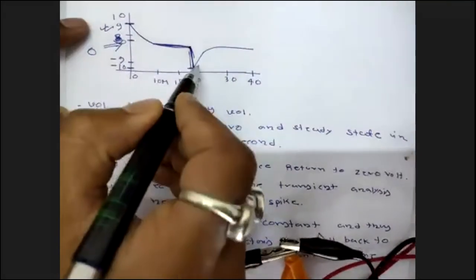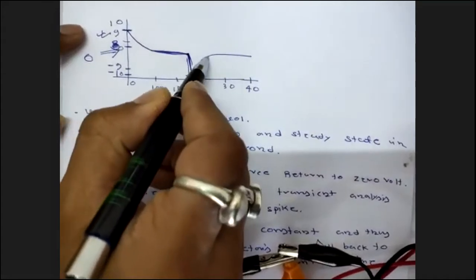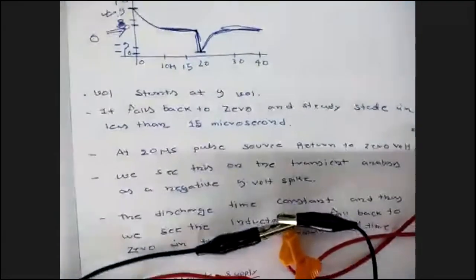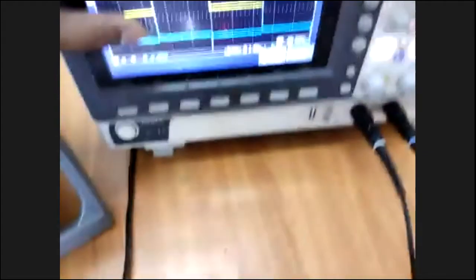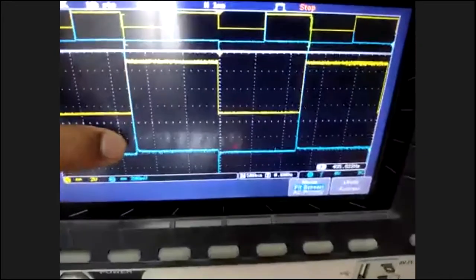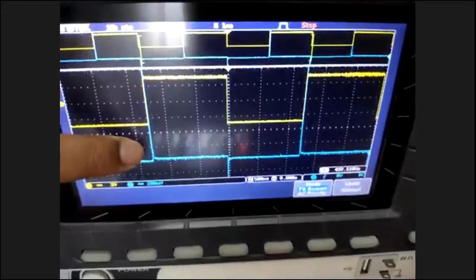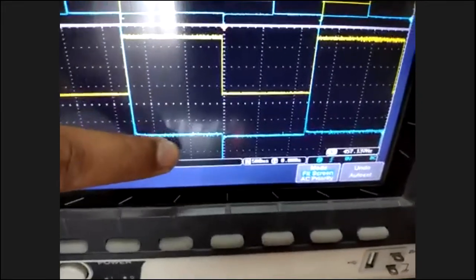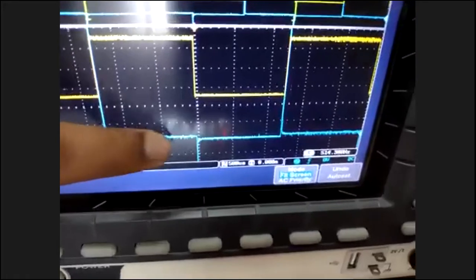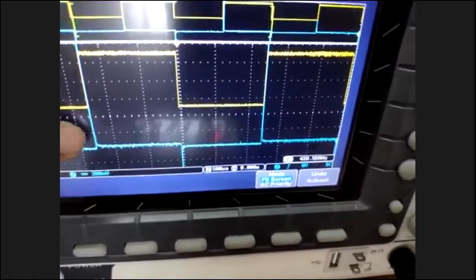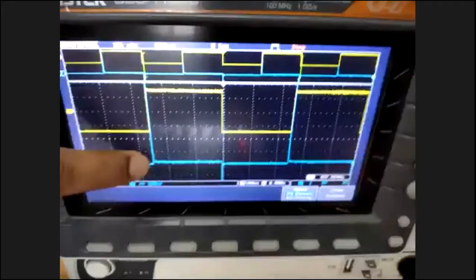Then after a few milliseconds, it again goes to the steady state condition, and that is represented in the graph. It starts from a higher position, and after a few milliseconds it goes to the steady state.